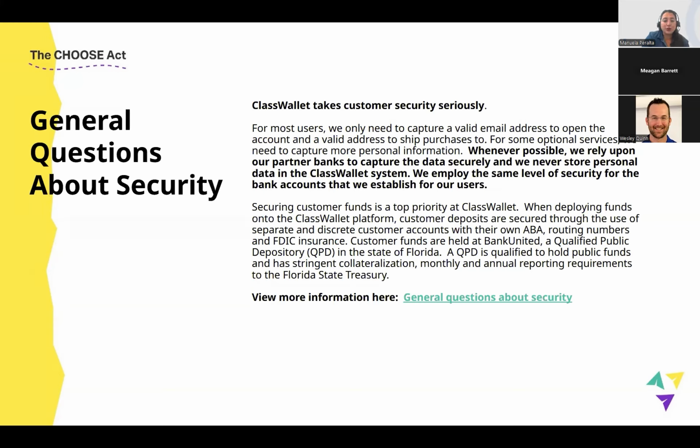And then we do rely on our partner banks to capture bank account information securely, and we never store that data in the ClassWallet system. We have the same level of security for the bank accounts that we establish for our users. And again, we do have a dedicated knowledge base article on the security measures that ClassWallet has in place. So if you want to read more on that, you can visit slide 13.